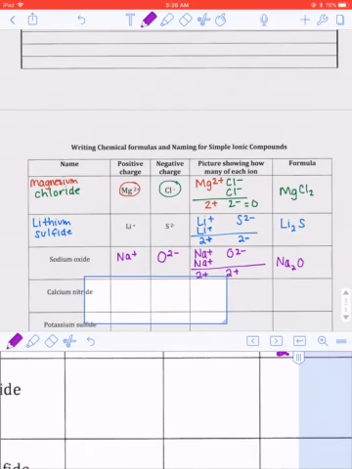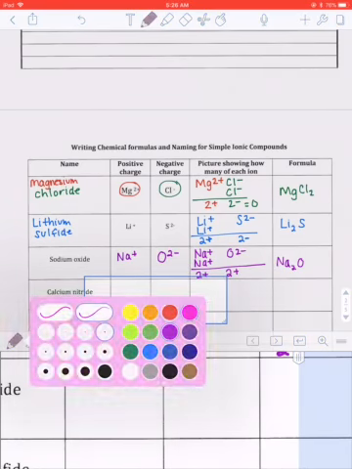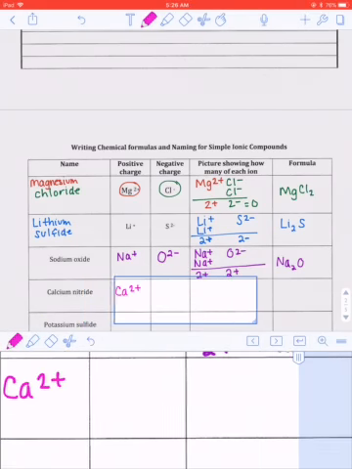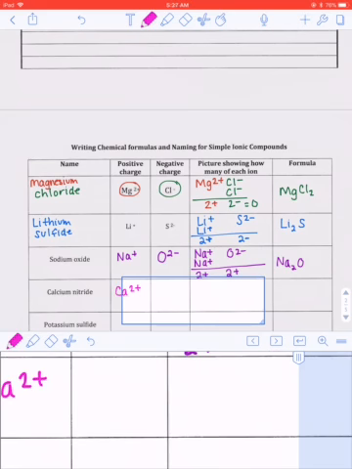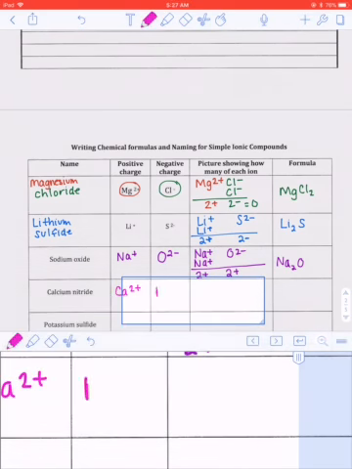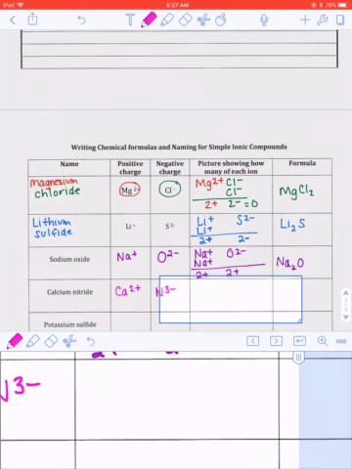Calcium, you can find calcium on your ion chart. Ca 2+, and then nitride is N 3-. It's like nitrogen. So we've got Ca 2+ and N 3-. Okay, so those don't add up.